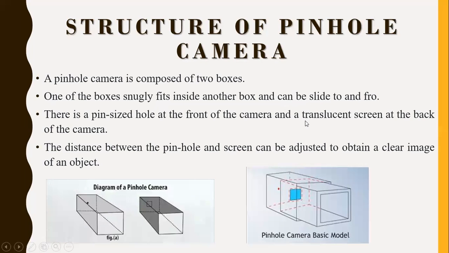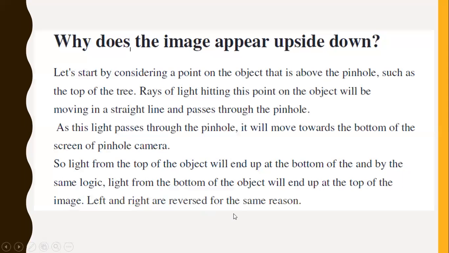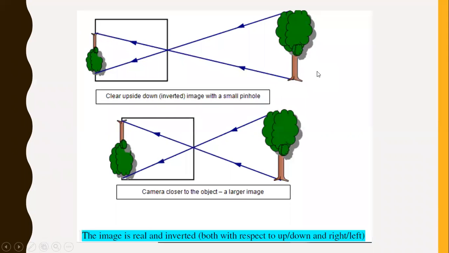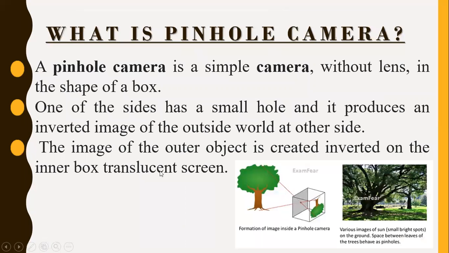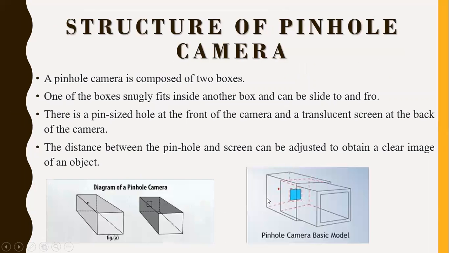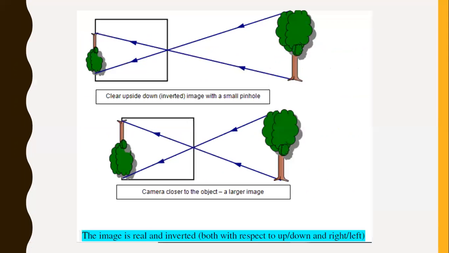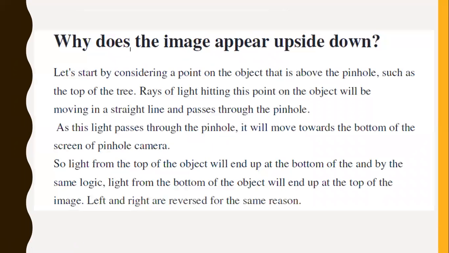And the screen should always be a translucent screen, right? So why is the image formed upside down? The image will be formed like this. You have seen in this picture also that the image is formed upside down. The same will be formed in the pinhole camera. And why does it happen?